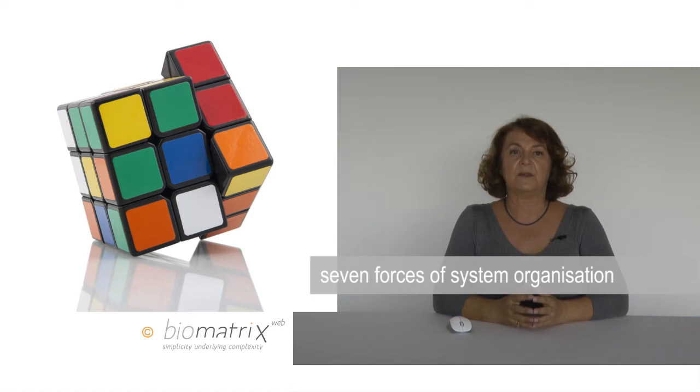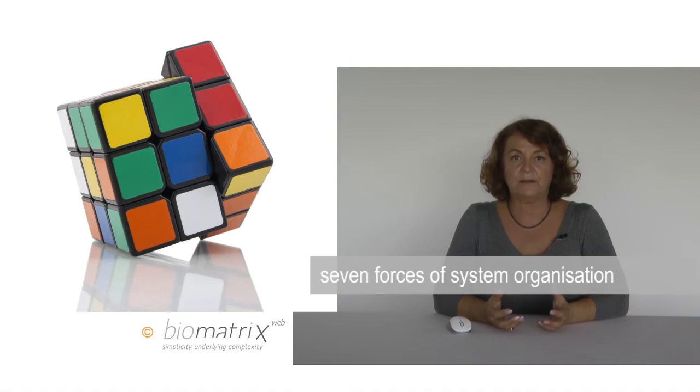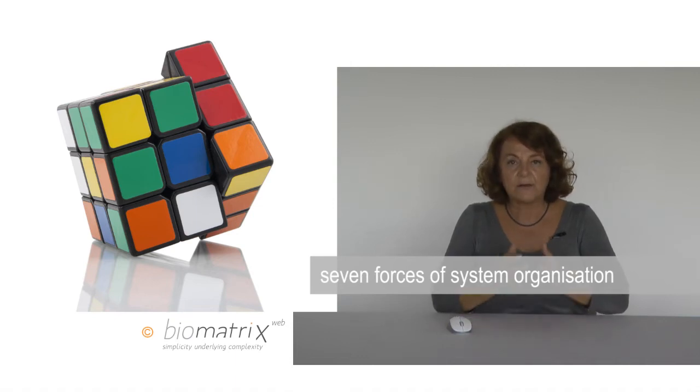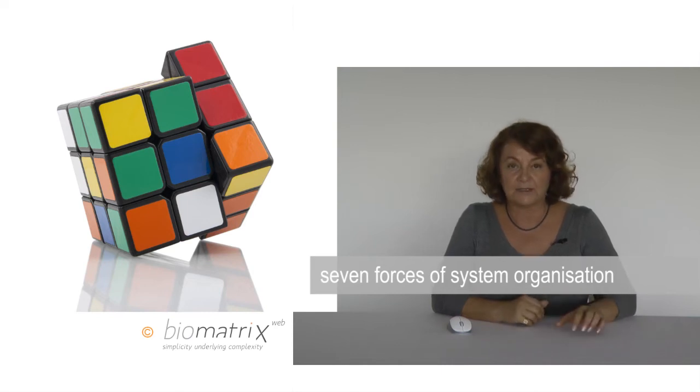Likewise, the ethos of an organization, which is its organizational culture, its values, drive the unfolding of the organization. As the organization changes its ethos, the whole system will change.